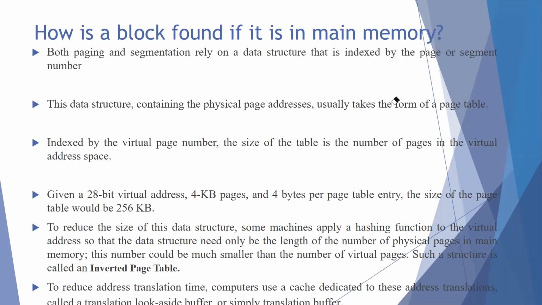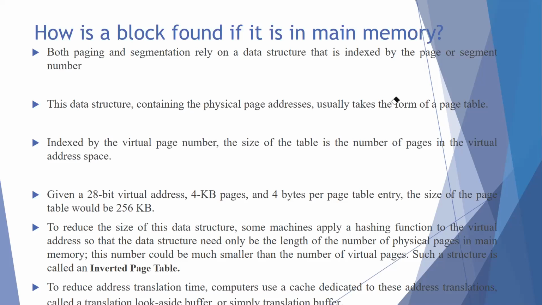For a larger page size, what should be the relation with the number of pages? They should decrease, they should go down. If I have a larger block size, obviously the number of blocks in a room will be less. If I have a smaller block size, which is just the size of a brick, I'll require more bricks to fill in the room. It is on the same grounds.